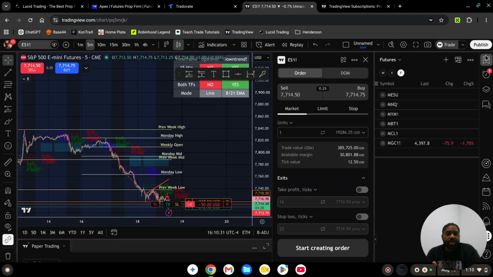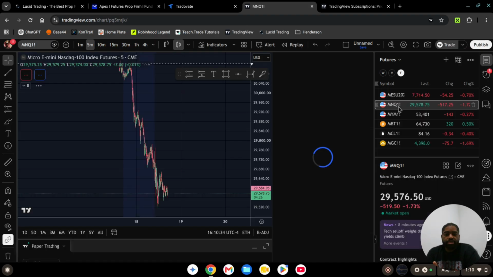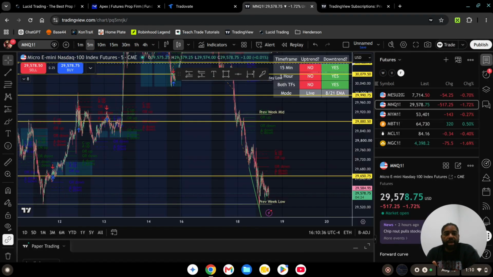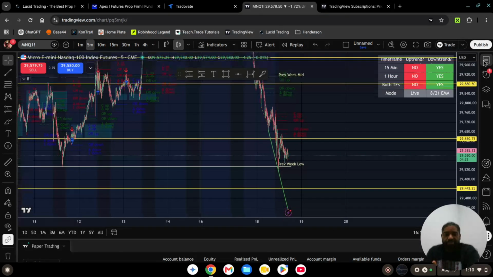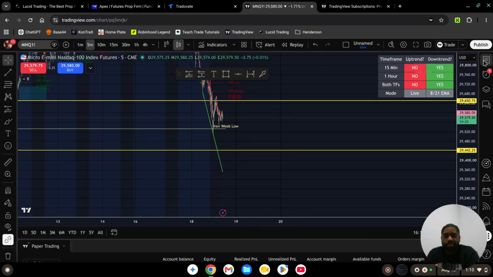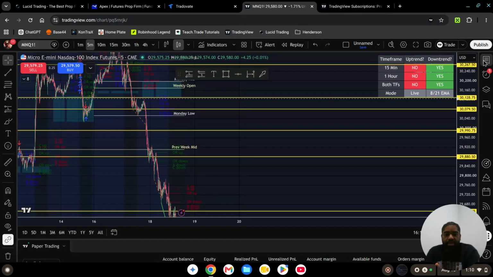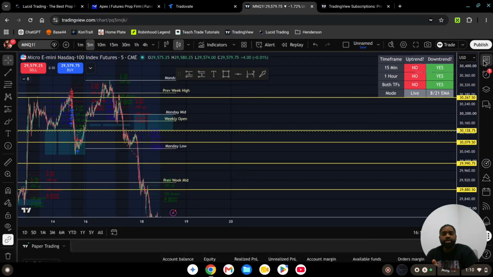If I come over here and go to the NASDAQ chart, this is the one that I'm normally trading. All of my stuff is here. All the key points I've marked out, all of them are here. Easy peasy. Everything is right there for you. You can literally play around with all of these different options to make your trading easier. That way you can get comfortable, you can get used to your way of trading, and you can learn the skill.